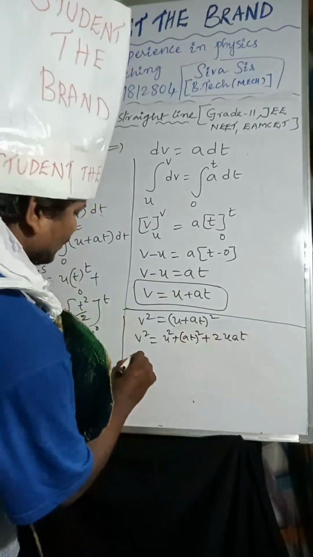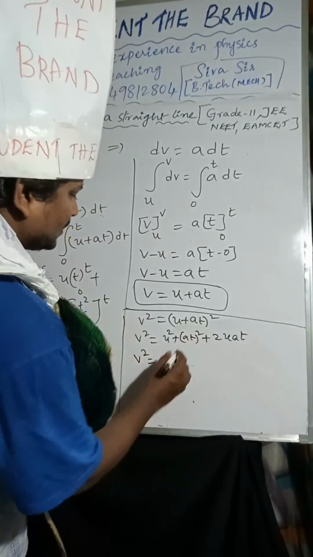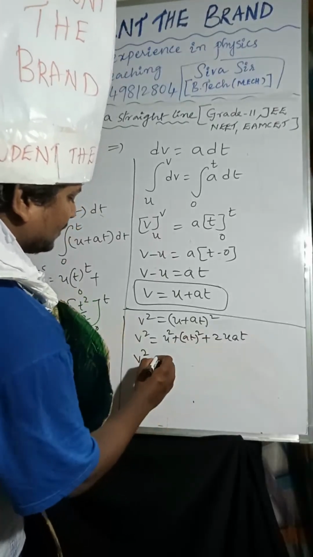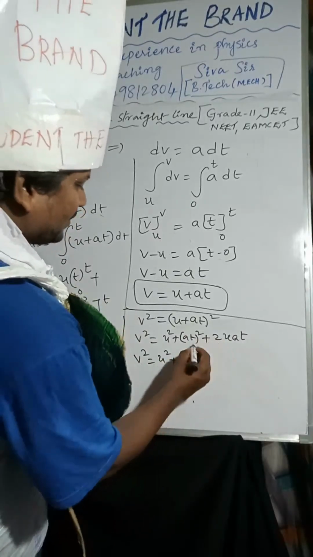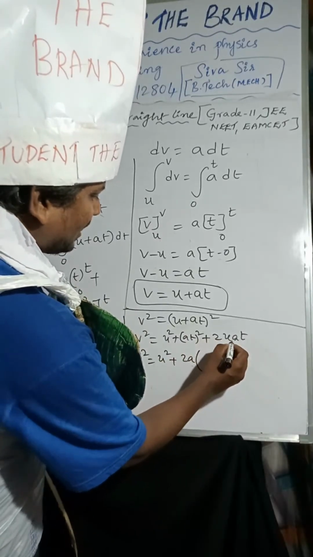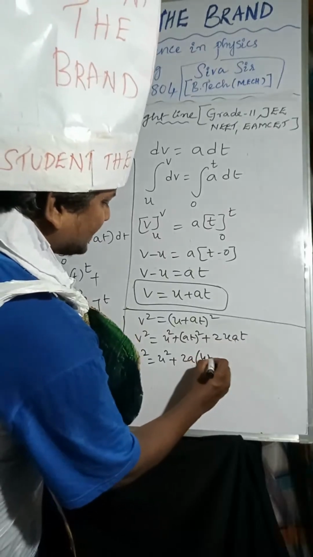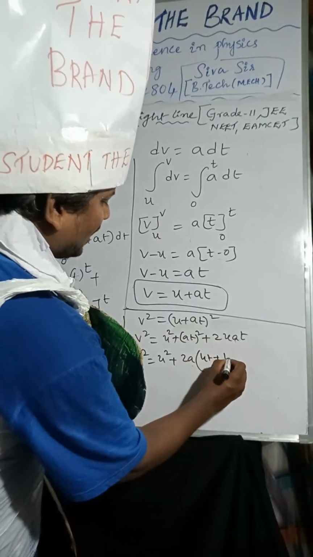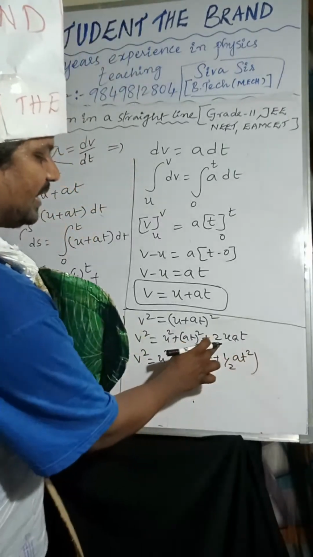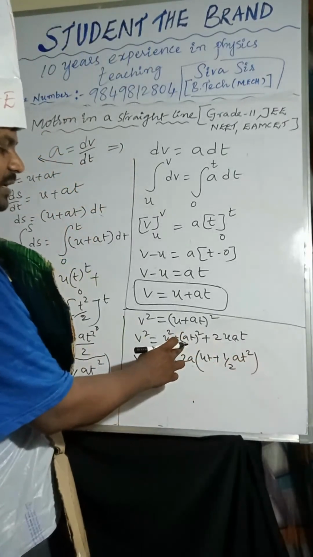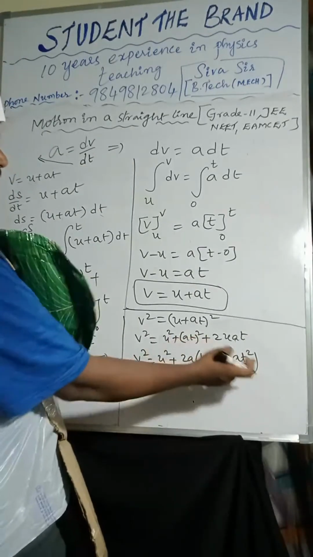Now from this we can take u square common, and 2a common from the rest. If you take 2a common, we get ut plus half at square, because 2 is not there in the second term. A is there, t square is there.